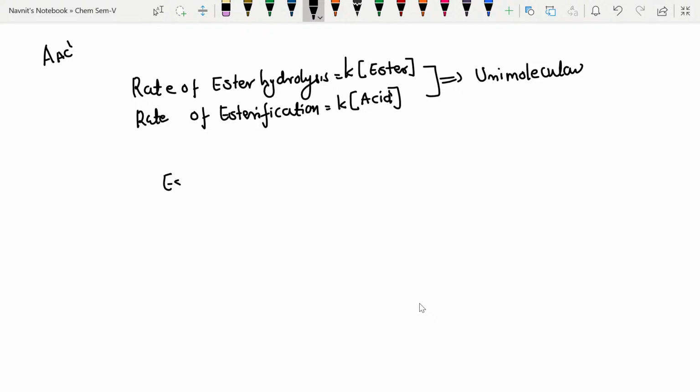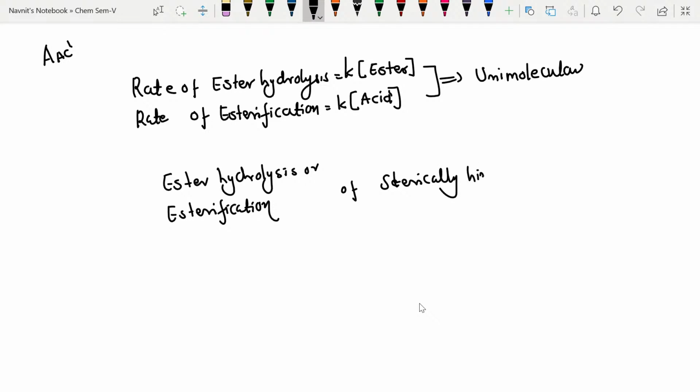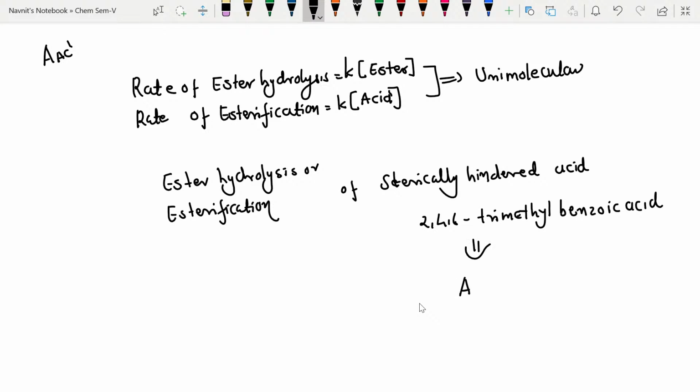So whether it is ester hydrolysis or esterification of a sterically hindered acid like 2,4,6-trimethyl benzoic acid, it can be explained by the mechanism that we have discussed earlier, AAC1.